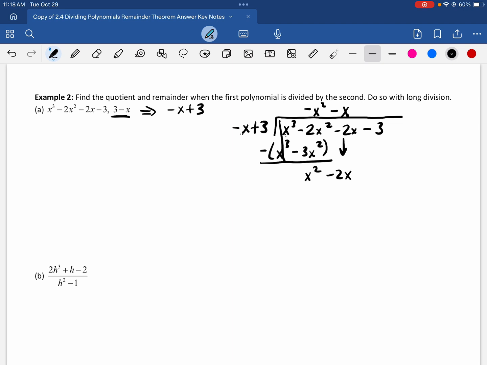Negative x times negative x is x squared. Negative x times 3 is negative 3x. And we subtract. X squared minus x squared cancels out. Negative 2x minus negative 3x is just an x. And then I bring down that minus 3.